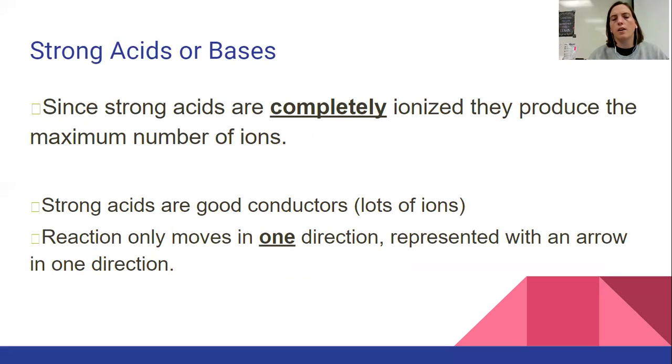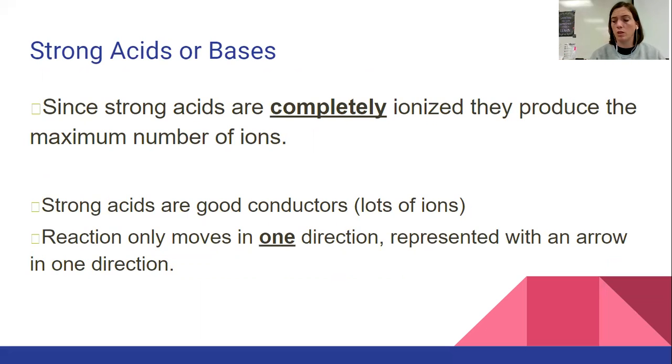All right. Just to kind of reiterate the strong or weak, again, strong completely ionizes. They're the ones that produce the maximum number of ions. Those are the ones that you're going to see as like the 1 on the pH scale or the 14 on the pH scale. Strong acids are a good indicator of how many ions are present, and the reaction only moves in one direction.